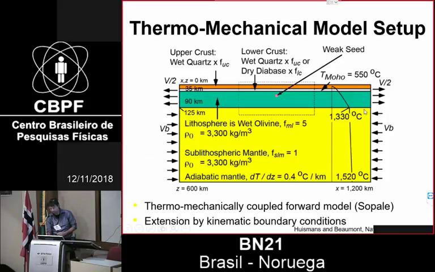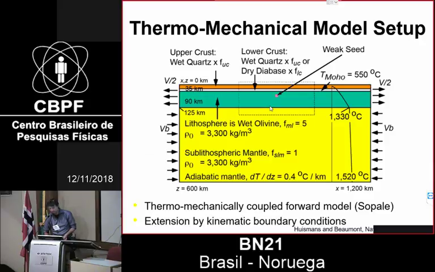And so we typically extend the continental lithosphere here on top of a large mantle domain. This is a very large domain, 600 kilometers deep. We have the continental crust and the mantle lithosphere, and we can vary parameters inside this domain to see how they affect the style of passive margin formation.